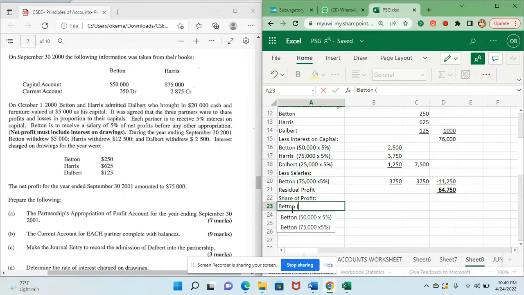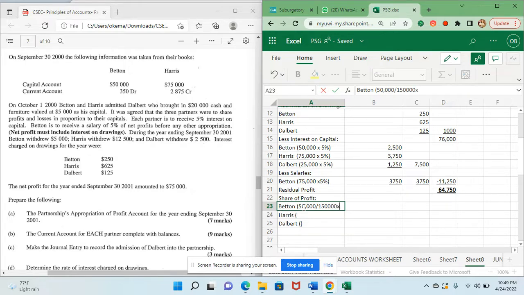So each partner's capital would be going over the total of 150,000, right? So in this case, it would be 50,000 for Baton over 150,000.